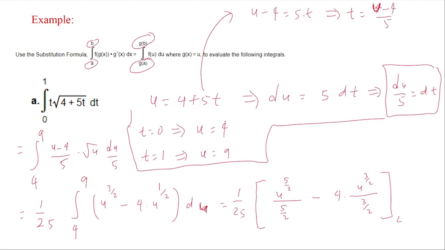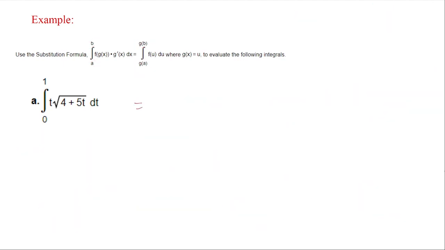From here it will be 1 over 25, and that will be 2 over 5 u to the power 5 over 2 minus 4 times 2 over 3 u to the power 3 over 2, and then there is a 4 to 9. Now we need to put u equal 9 here first.